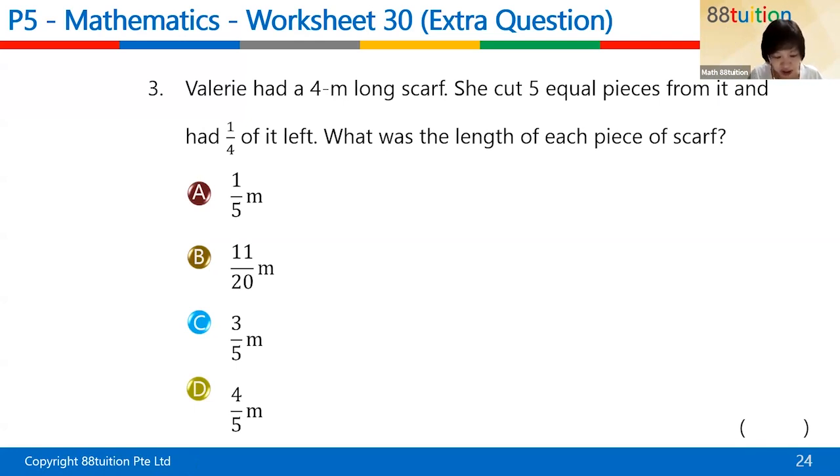What is the length of each piece of scarf? Okay. So you see, this is called 4 meter, and you have 1/4 of it. So can I say 1/4 of it should be like that, right? Please work on it.